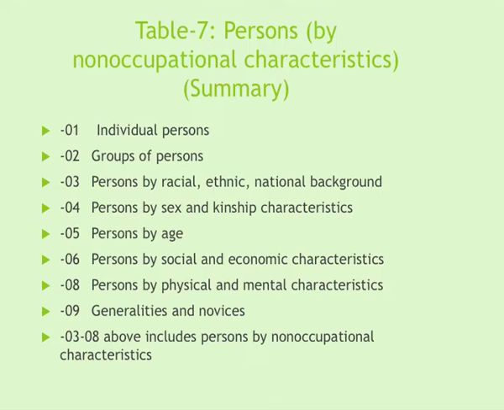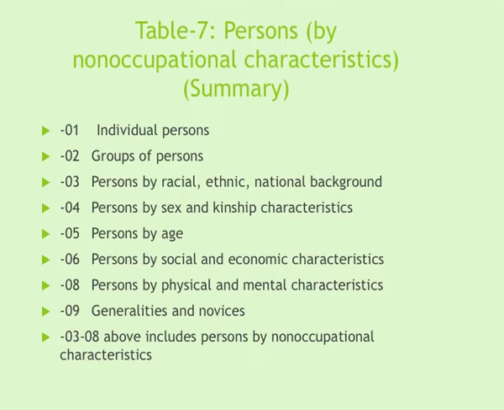These are some characteristics on the basis of which groups are formed. For example, children and old age people are on the basis of age. Male, female, girls, boys, etc., are on the basis of sex, and kinship: father, grandfather, etc. These are groups of persons formed on the basis of non-occupational characteristics.